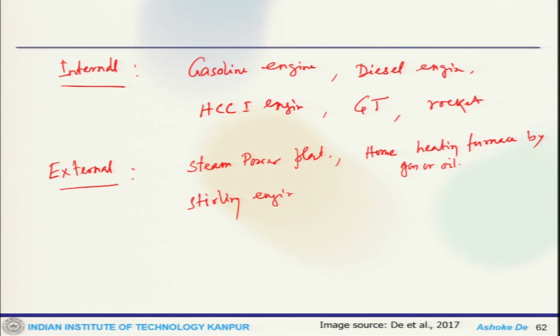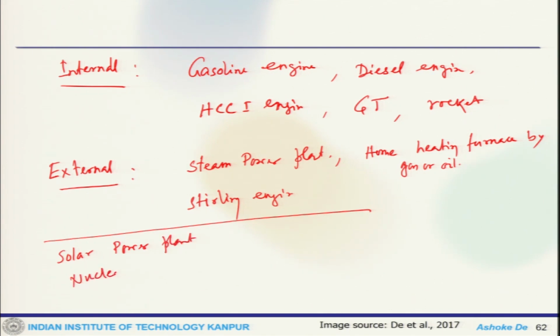Now there are some more engines which we do not categorize as either internal or external, for example, solar power plant, then nuclear power plant, fuel cell, electric rocket propulsion.